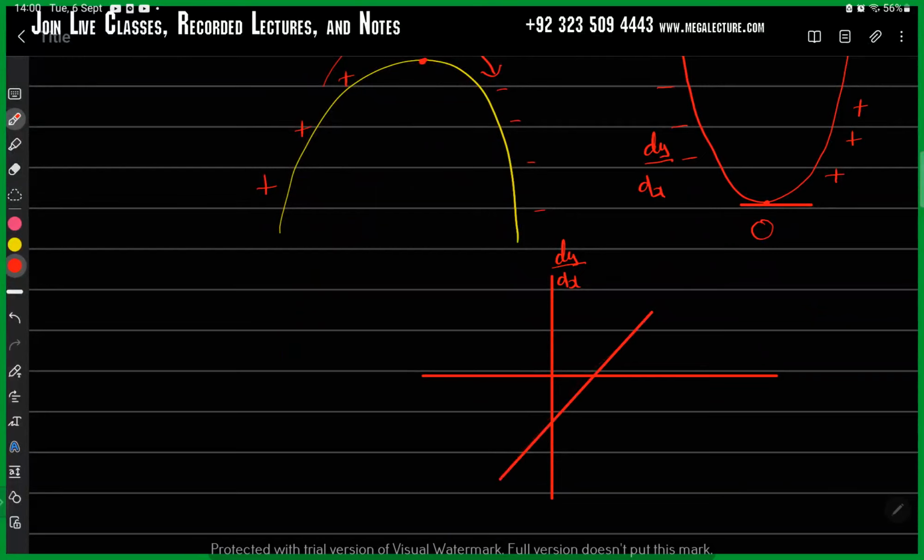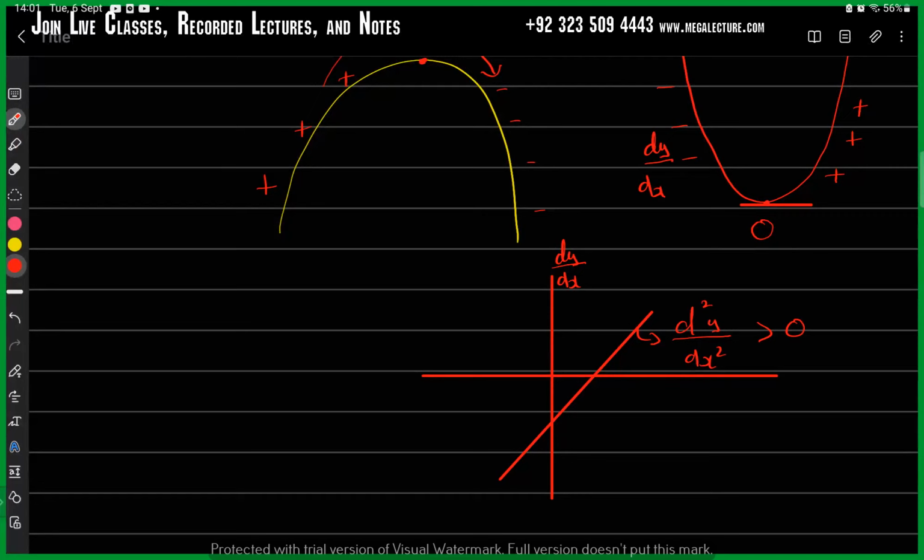So if I find the gradient of this red line, that is basically going to give me the second derivative, and I can clearly see that the gradient is going to be greater than 0, right? So this is why we know that every time we find the second order derivative, if it is positive, the point was a minimum point. If it is negative, the point was a maximum point.